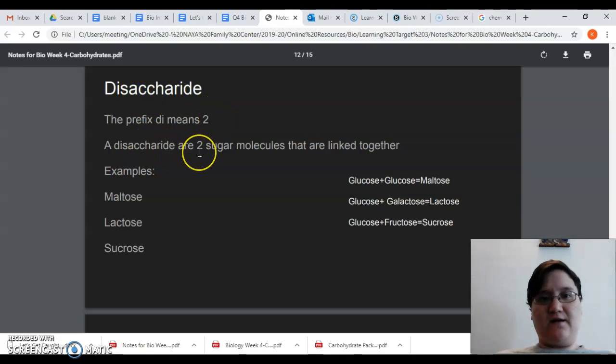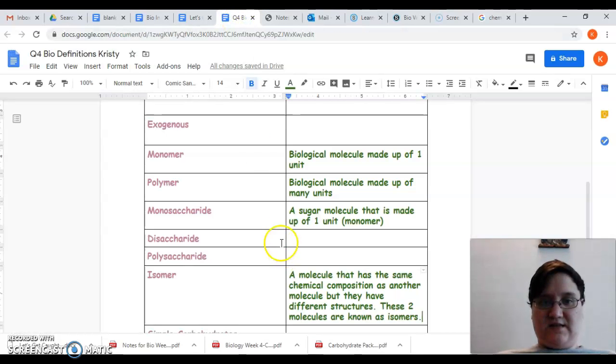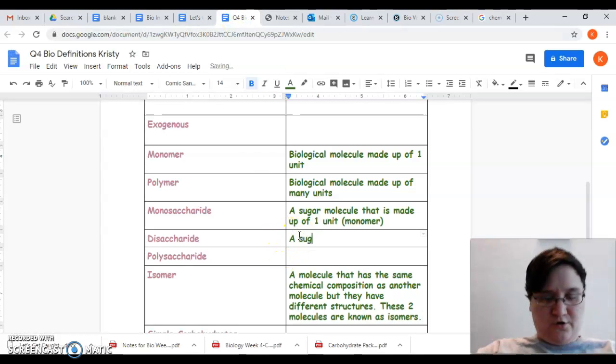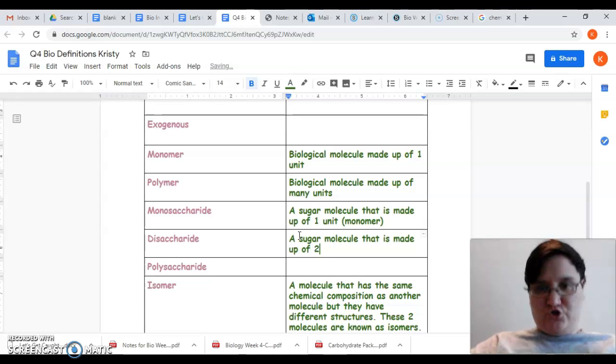A disaccharide is two sugar molecules that are linked up and chained together, essentially, right? So a disaccharide is a sugar molecule that is made up of two units.